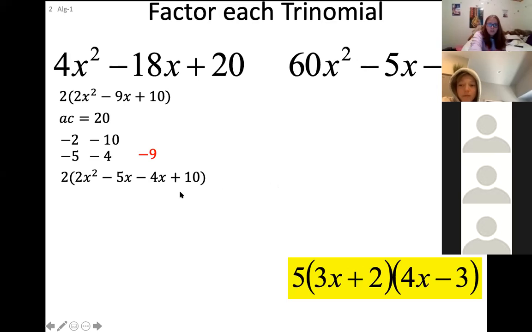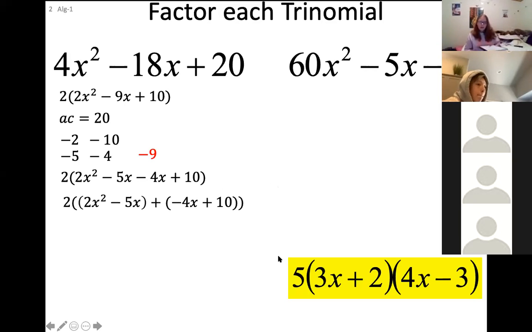Okay. Now we add a whole bunch of parentheses. We look at this first one. Let's see, 2x squared and minus 5x. The only thing that we can pull out of a 2 and a 5 is a 1. That didn't get us much. But an x squared and an x, we can pull out an x.